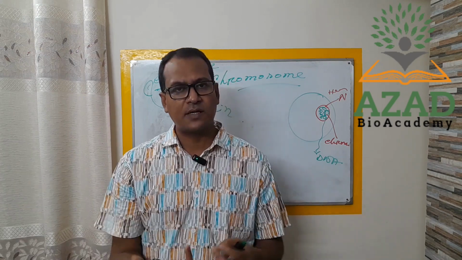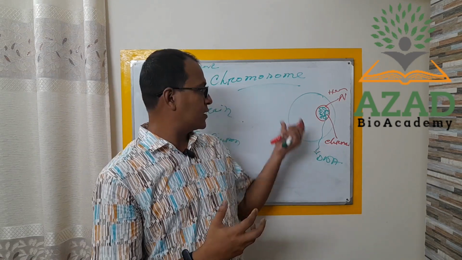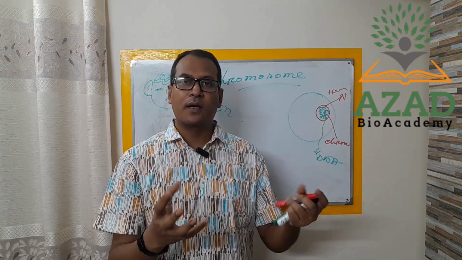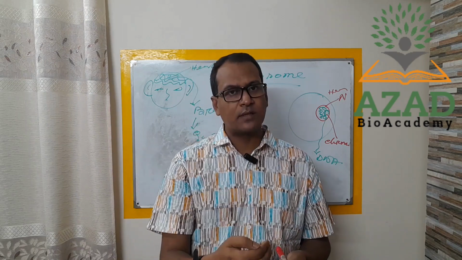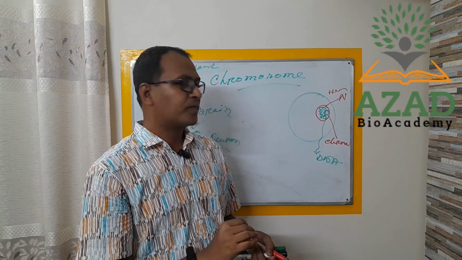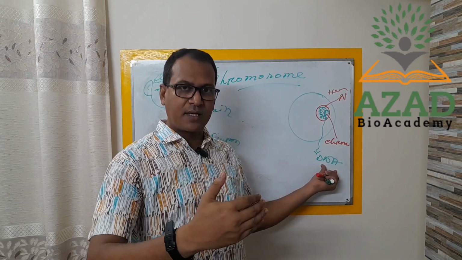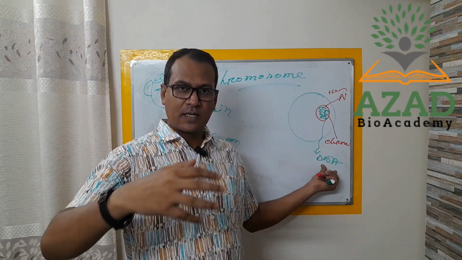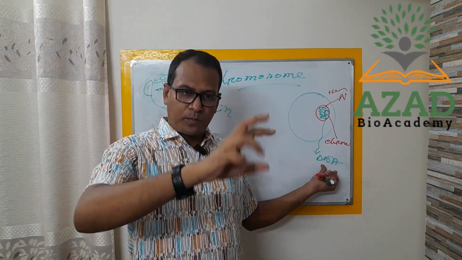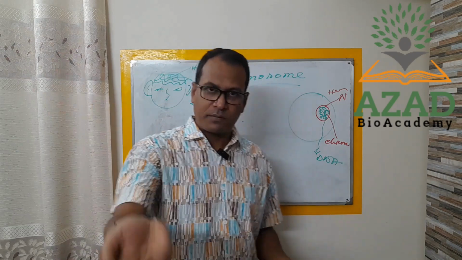So how are genetic materials present within the cell, and in which form? That question may come to your mind. That genetic material is DNA, deoxyribonucleic acid, a double stranded polynucleotide chain sequence, you know the background.